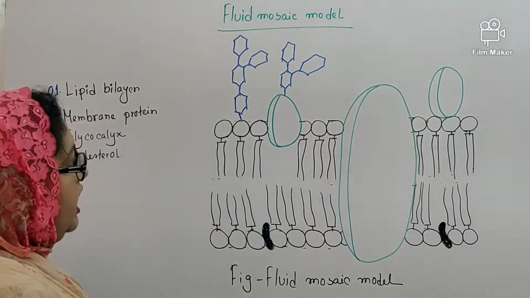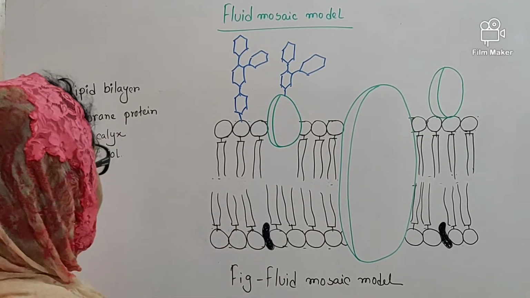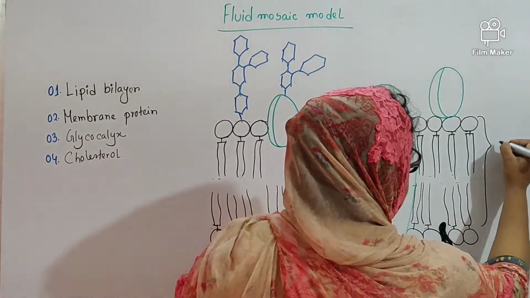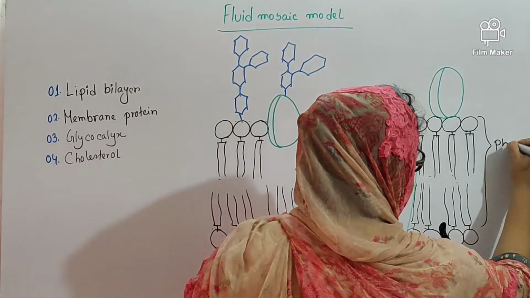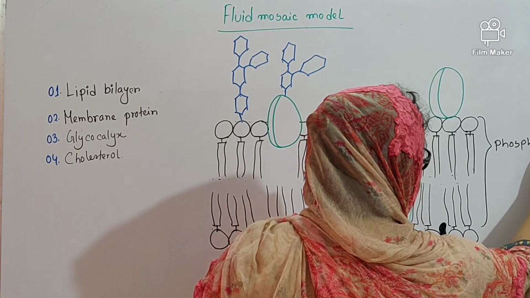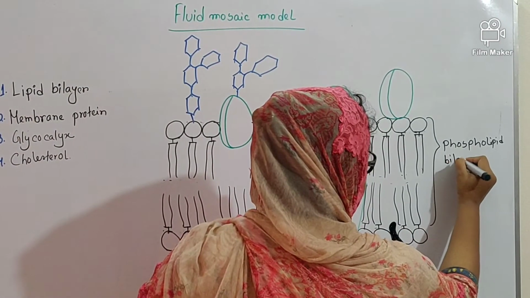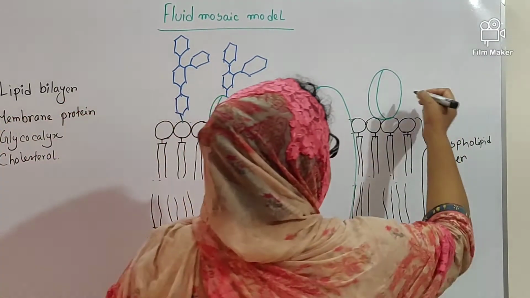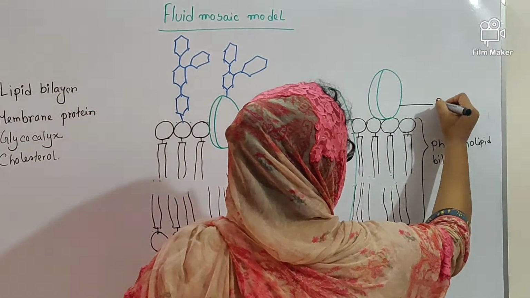Okay. Now, first of all, you can label these two layers, that is the phospholipid bilayer. Okay. And now this is the peripheral protein.